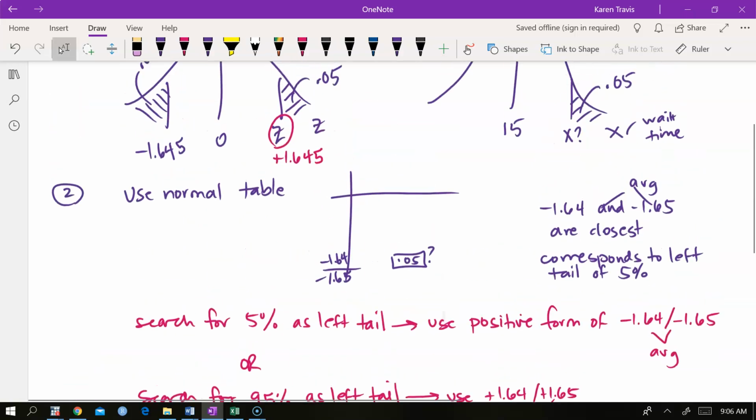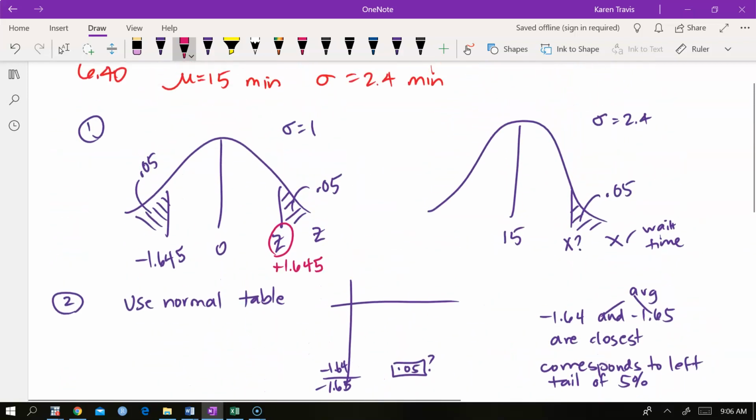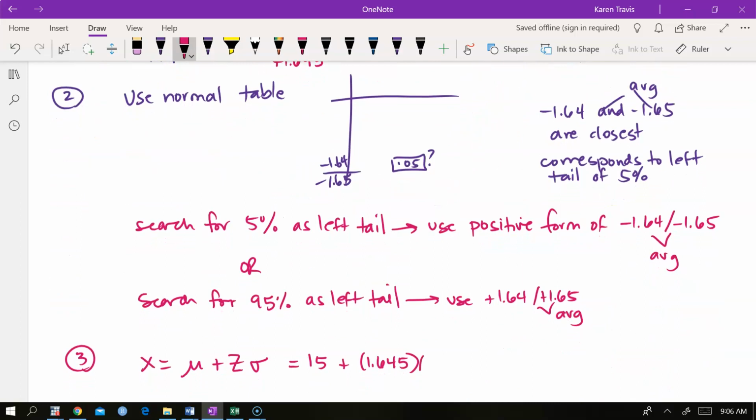So mu was a 15-minute oil change plus 1.645 for the z, and the sigma that we use is 2.4 minutes. And what we should get as our final answer is, well, this gives us 18.9 something minutes.